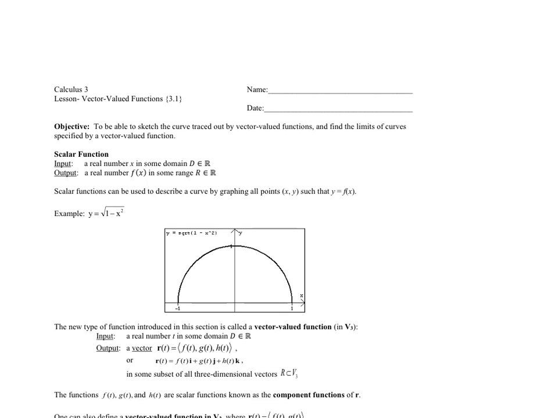So if you look at it here, you have an input. We're calling it a real number t. But the output is going to be f of t, g of t, h of t. Maybe you don't like that. How about x of t, y of t, z of t? It doesn't matter what you call it, it's all the same. You can use ijk notation, but the bottom line is you're dealing with a vector that's made up of variable components.